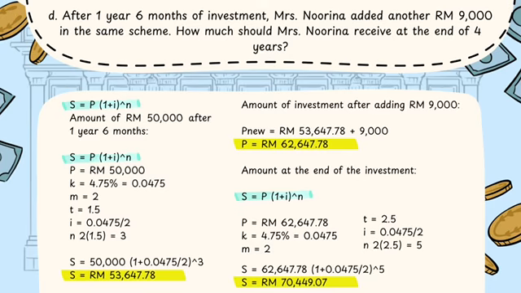So now using the same formula, you will get the final amount after 4 years, in total 70,449 ringgit 7 cents. So at the end of the 4-year period, Mrs. Norina will receive 70,449 ringgit 7 cents from her investment.